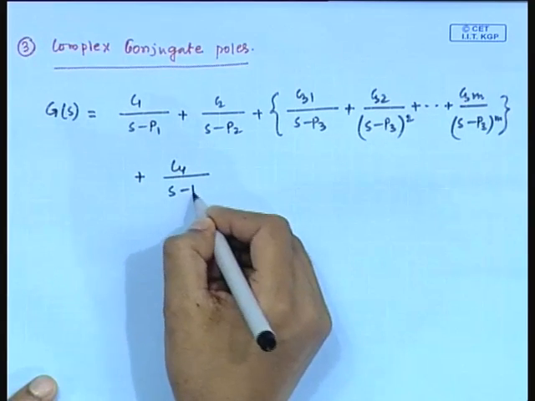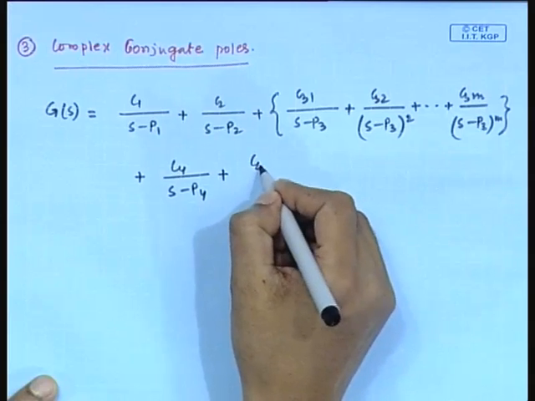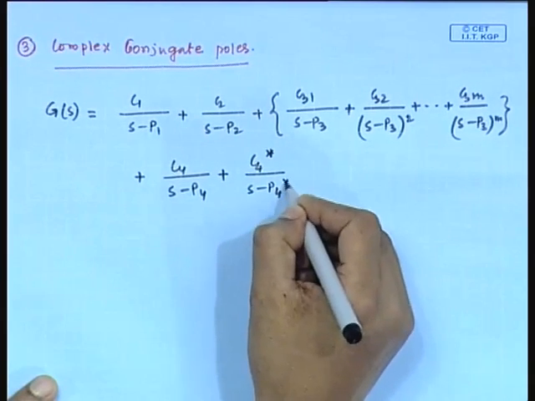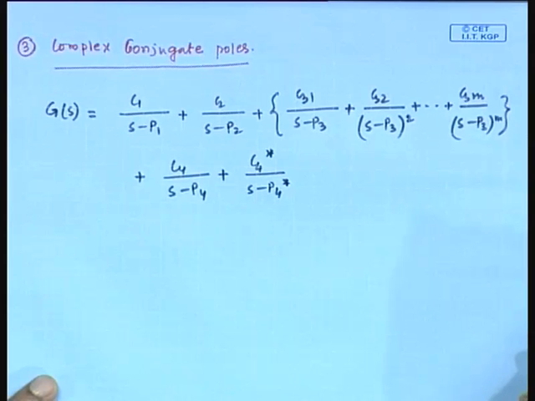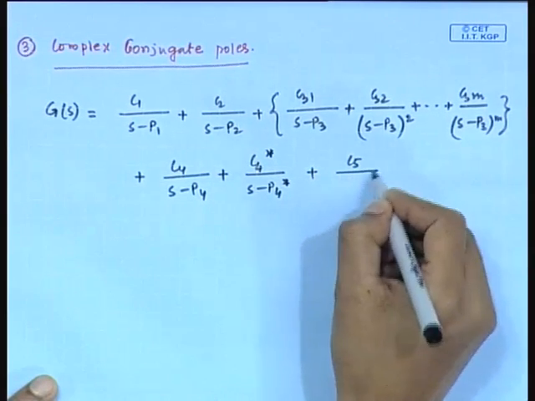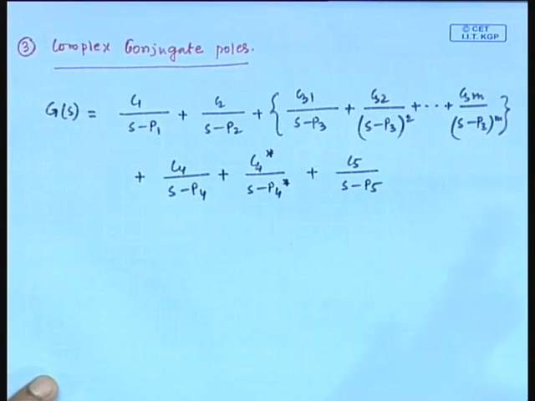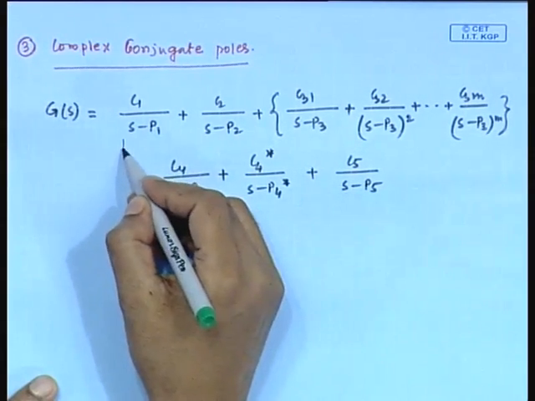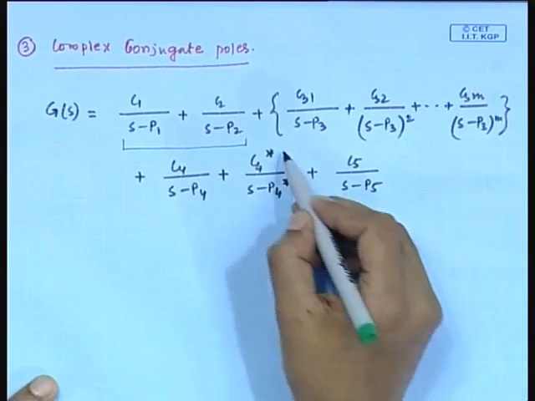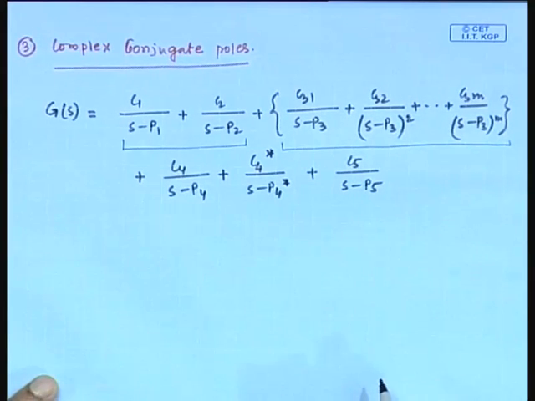Now, we will consider this part, C4 divided by s minus P4 and C4 star divided by s minus P4 star, and in the fourth case C5 divided by s minus P5. This we have already considered for the distinct two real poles. This part we have considered for multiple real poles.